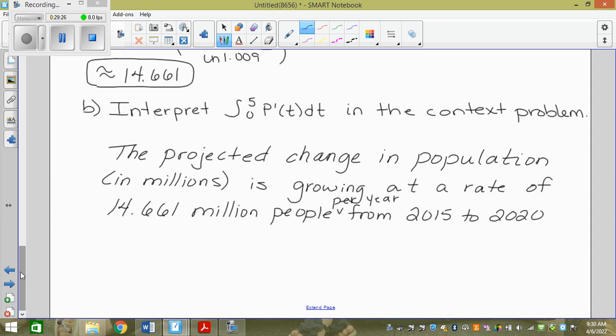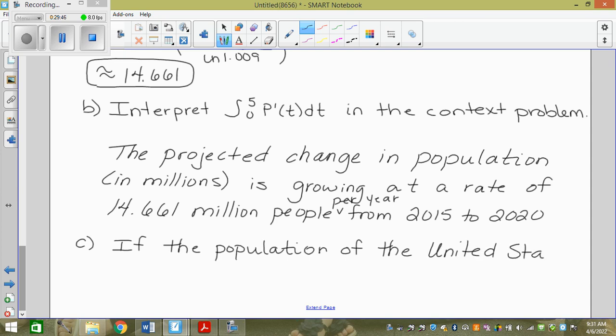Very good. All right. Now C says, if the population of the United States was 320 million people in 2015.